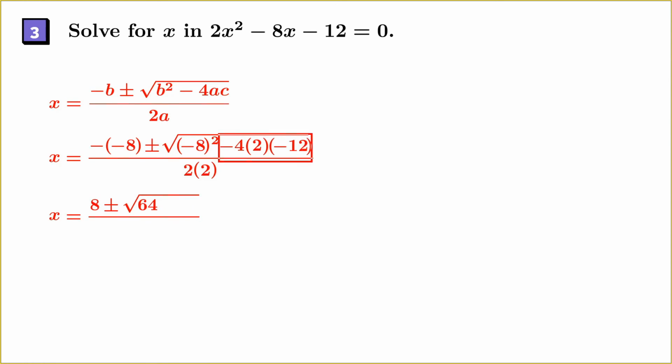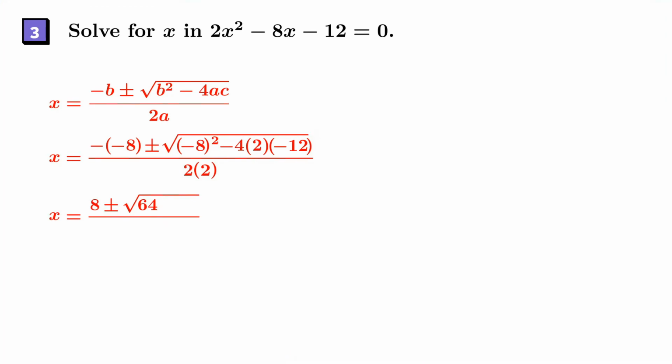Negative 8 times negative 12 is positive 96. So plus 96. All over 2 times 2 is 4. So we have x equals 8 plus minus the square root of 64 plus 96 is 116 all over 4.